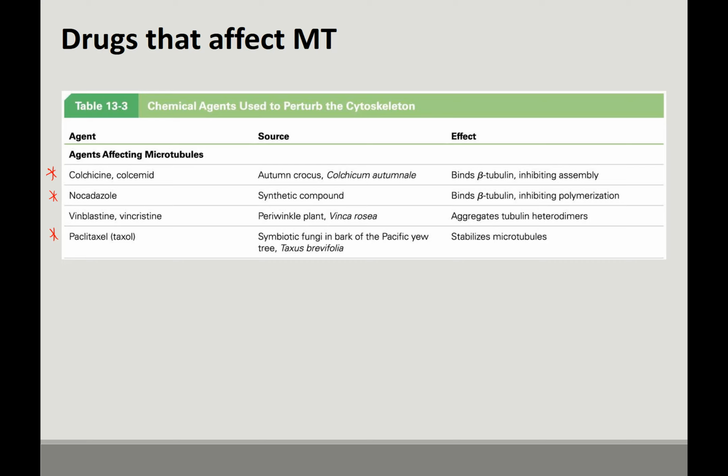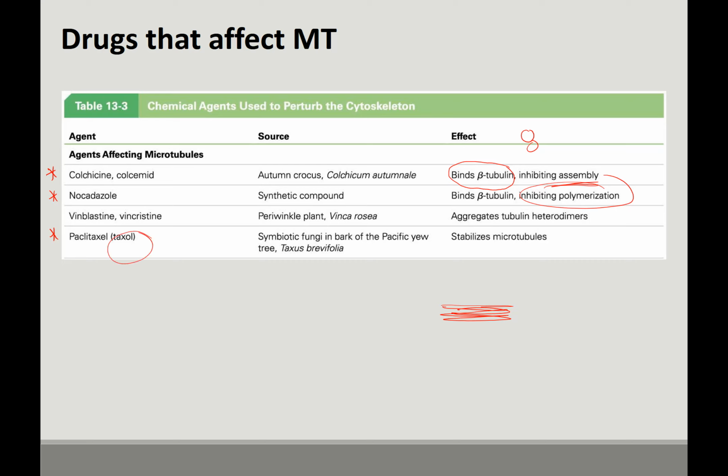Colchicine will bind the beta tubulin, so part of that heterodimer, and stop it from being assembled, right? So your microtubule here no longer can grow. Nocodazole, and I could be pronouncing these incorrectly, does the same thing, inhibits polymerization. So if you were putting this into a cell, you would see a stop of growth.